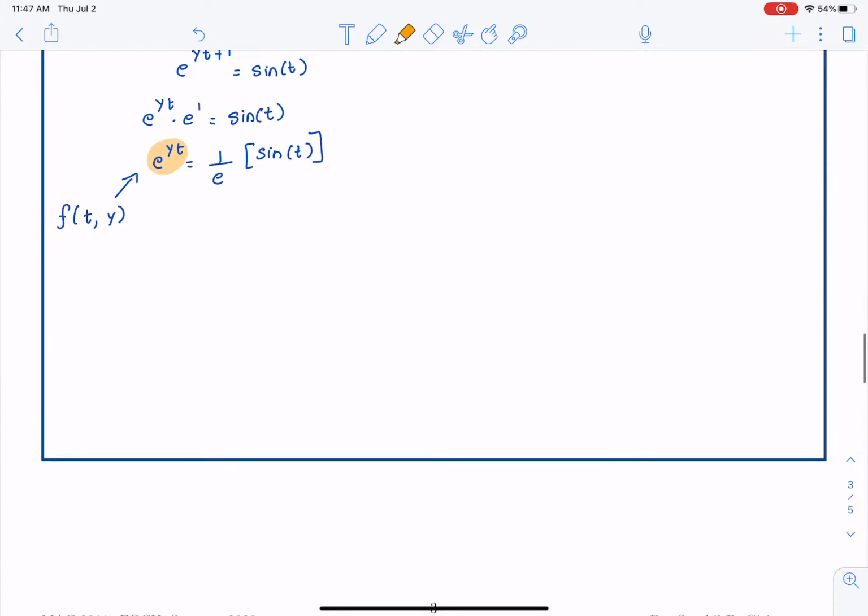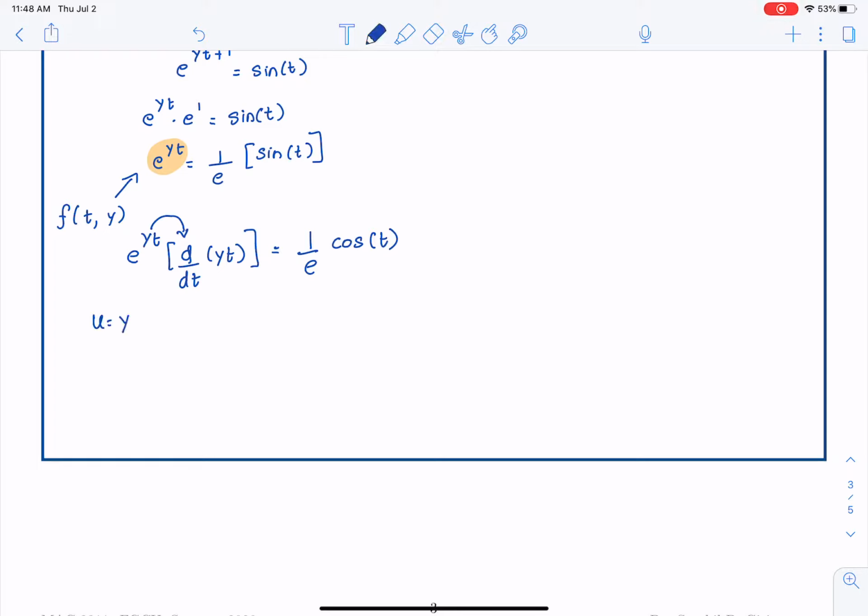So we are going to treat y as x, but multiply it by y prime. So the derivative of e raised yt is simply e raised yt, but we have to use chain rule, so we have to find the derivative of yt. On the right hand side, the derivative of sine t is simply cosine t. Now, e raised yt, we have to use product rule on the left hand side.